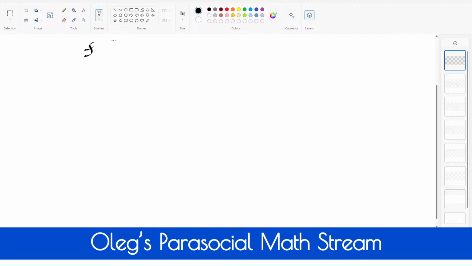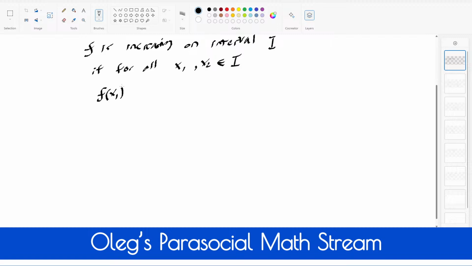Okay, we're going to say f is increasing on I if, for all x1, x2 members of I. In other words, for all the x's in the interval I, if the output of the function at x1 is less than the function at x2 when x1 is less than x2.